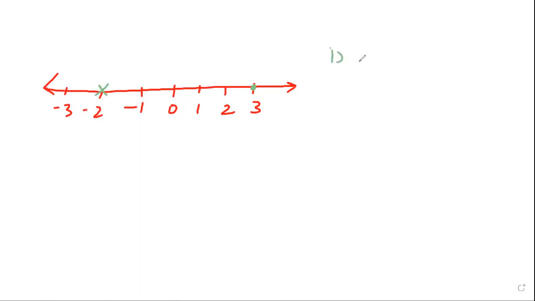One is how to represent irrational numbers on the number line. How do you know where they come? How would you denote them or plot them on the number line? And the second thing would be how do you represent these numbers geometrically.